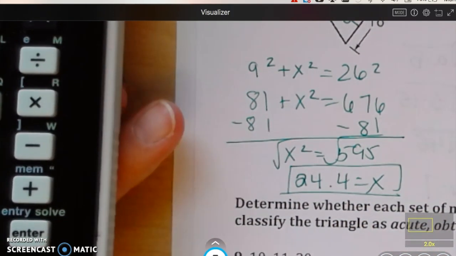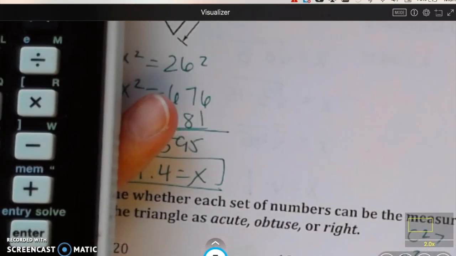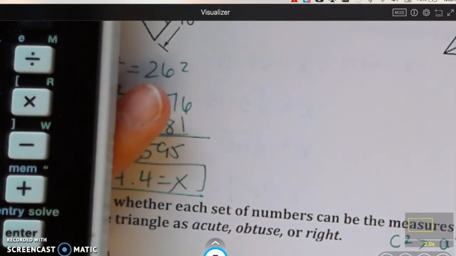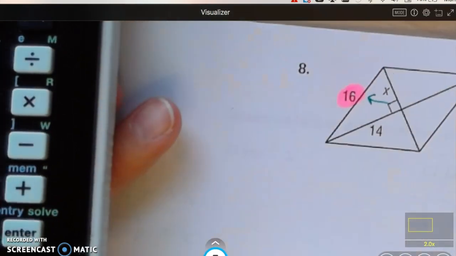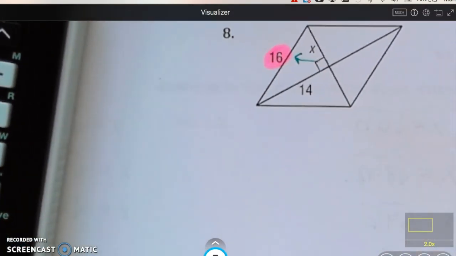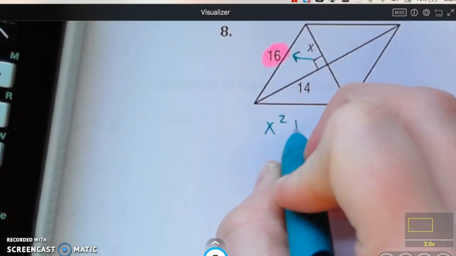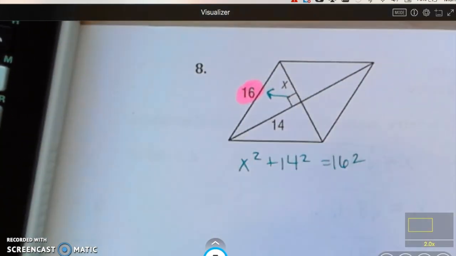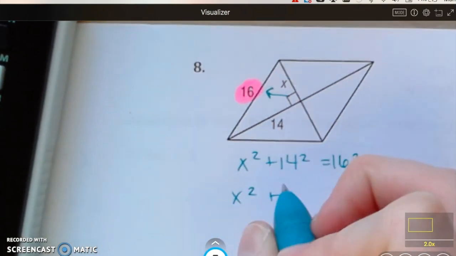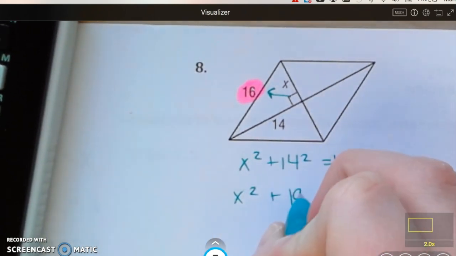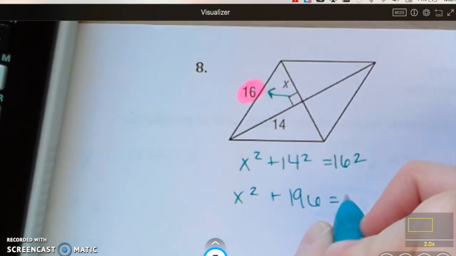Number 8. Once again, across from your right angle is your hypotenuse. So I have x squared plus 14 squared equals 16 squared. 14 squared gives me 196. 16 squared gives me 256.